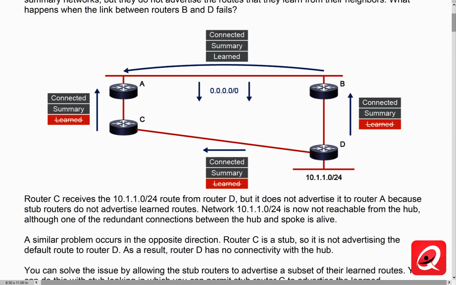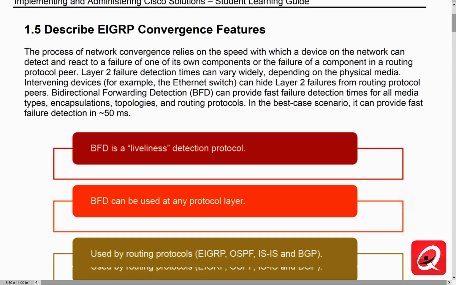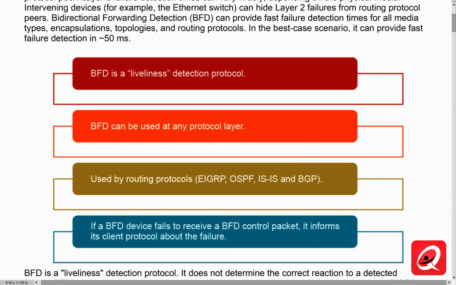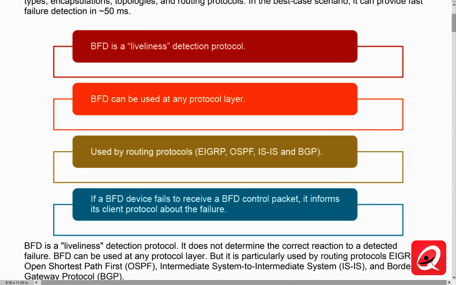All right. Now, outside of summarization, outside of route filtering, outside of these other things that we've talked about, what other types of tools can we implement in EIGRP to achieve faster convergence?